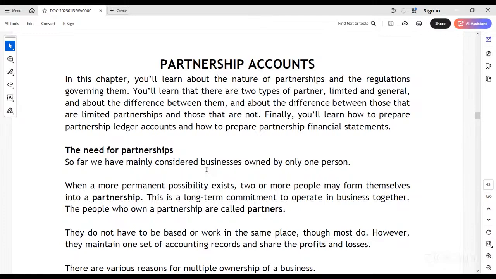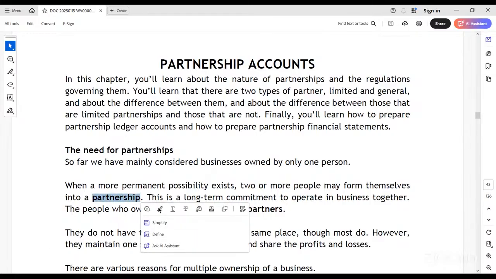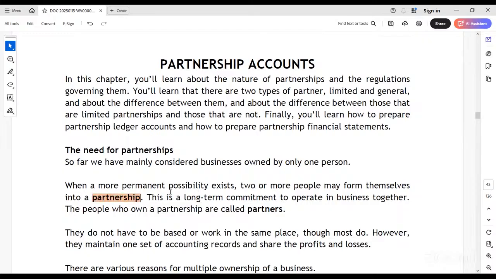So it is an arrangement between two or more people who start up a business with the aim of making profit. The key term here is partnership: a business structure where two or more individuals agree to share profits and losses of a business venture.